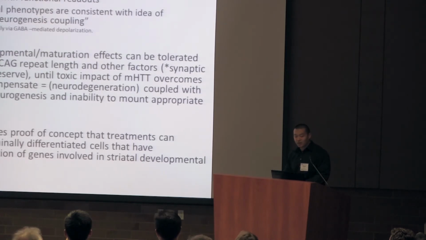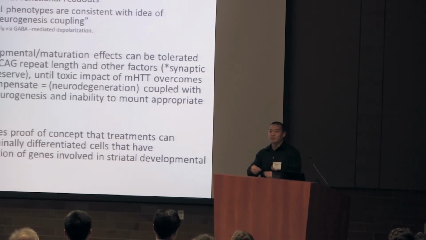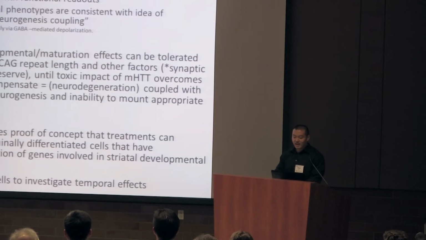But as an outlook, we are very pleased, and we think it's promising that the ISX9 data does provide proof of concept that you can treat terminally differentiated cells. And so maybe we can actually develop treatments and cures that can help these patients even when they are symptomatic. And again, like I said, future studies are going to look at knockdown of the mutant Huntingtin gene as well.